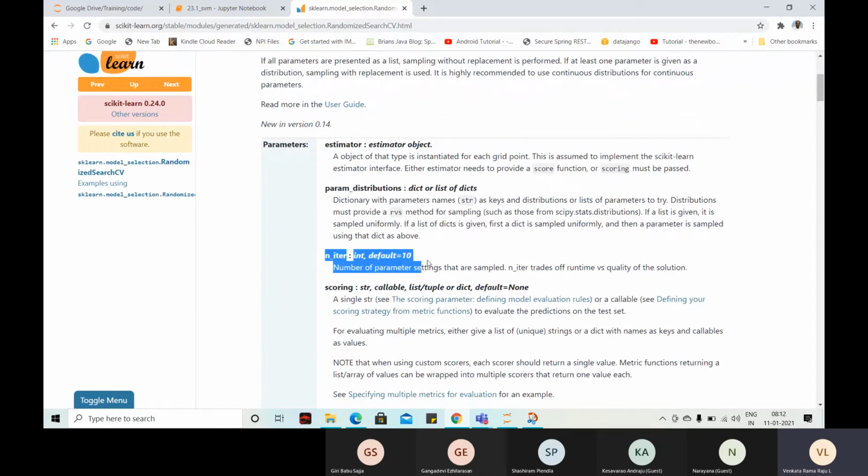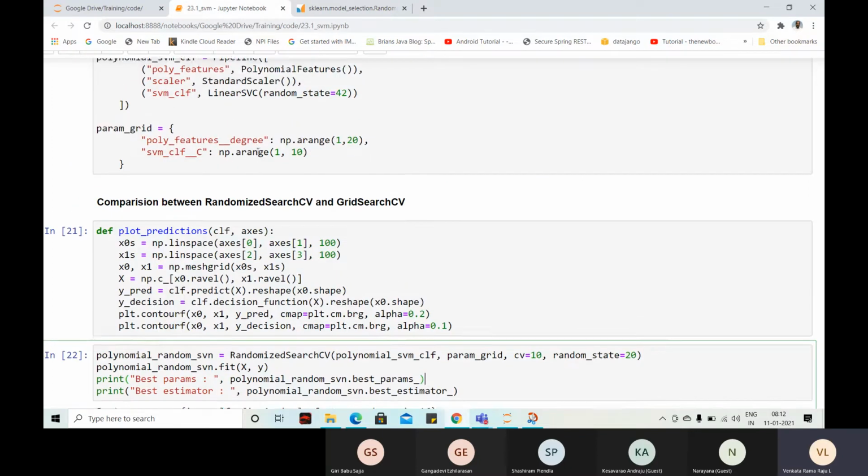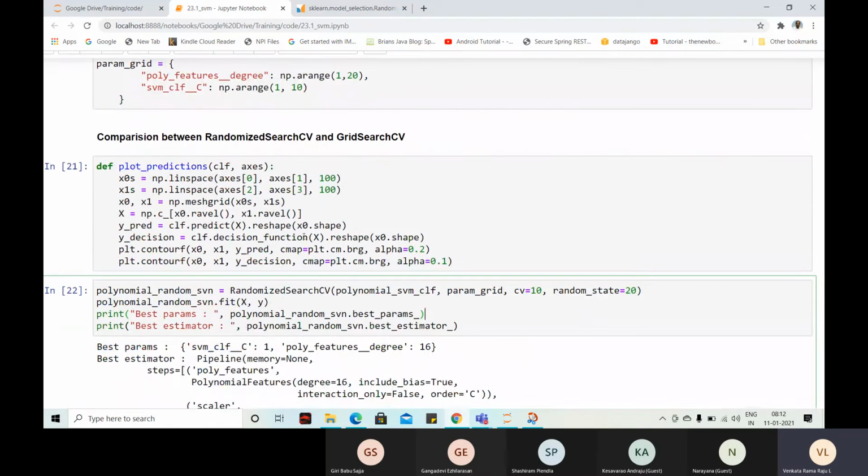You can increase this. If you want more random combinations to be taken, you can raise n_iter, and it's going to take more combinations. So RandomizedSearchCV is like GridSearchCV, but it takes only 10 combinations, whereas GridSearchCV will take all 190 combinations.